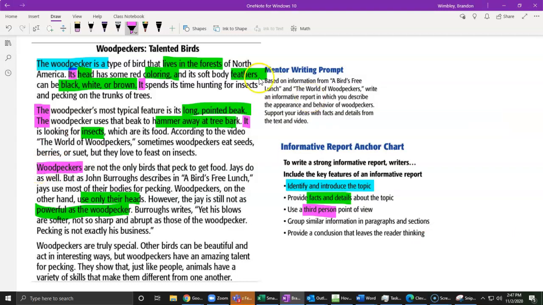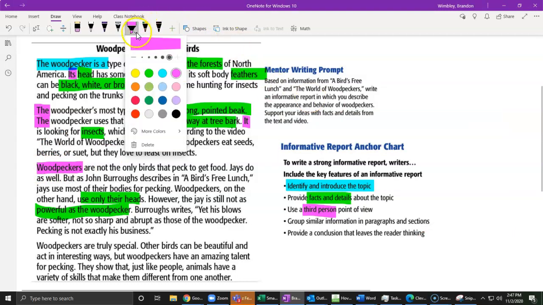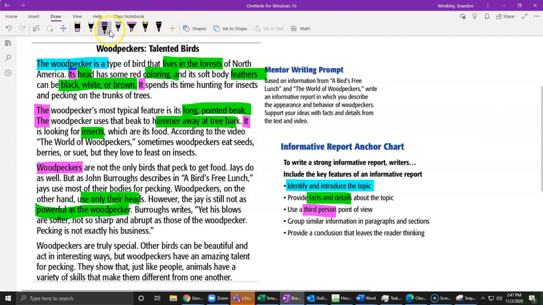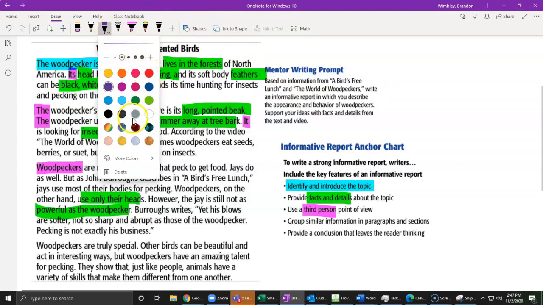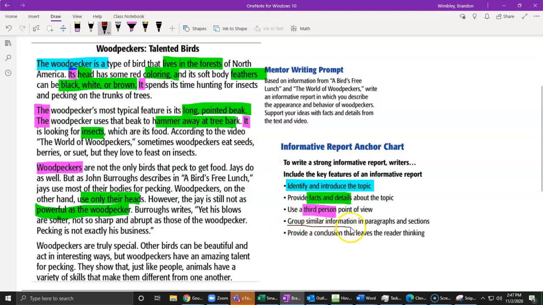Now this next part is important because this is probably the part that we're going to struggle with the most as writers for this new unit. We group similar information together. So notice how this first paragraph is kind of focusing on what it looks like.